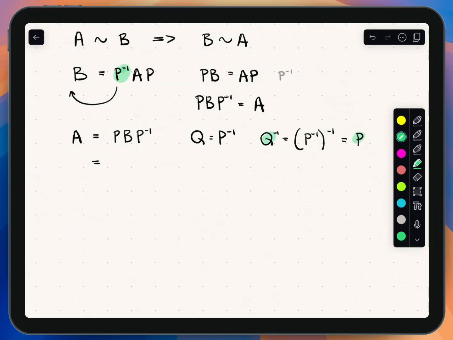So P will be Q inverse times B times Q. And again, because I've found a matrix, it doesn't have to be the same as for B, but because I found one matrix that is invertible and that connects A and B in this way, I can say that indeed B and A are similar.